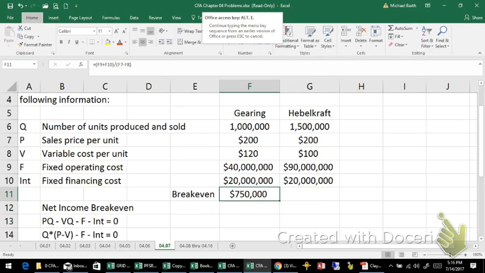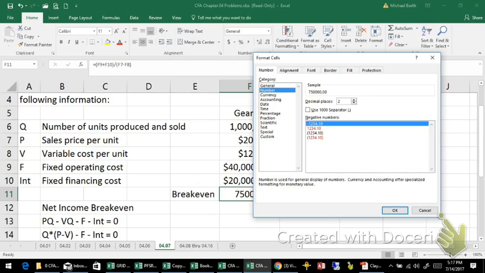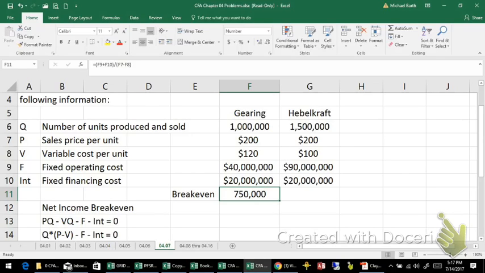And this is not a dollar number, it actually comes out in units. So that's how many units I would actually have to produce to break even. And it's 750,000 for Gearing, and Hebelcraft it is 1.1 million. And you could check that by running it through an income statement.